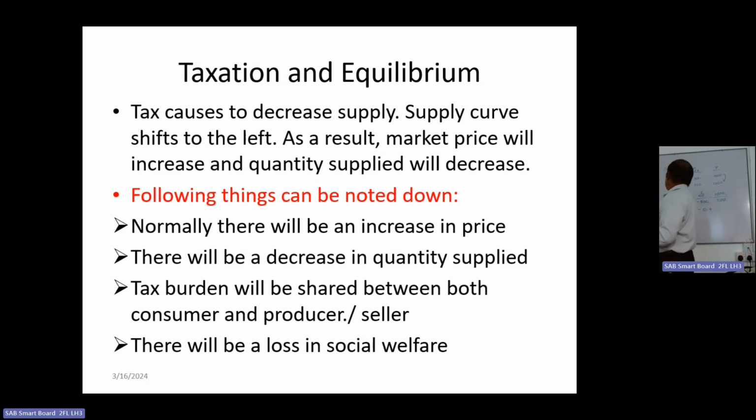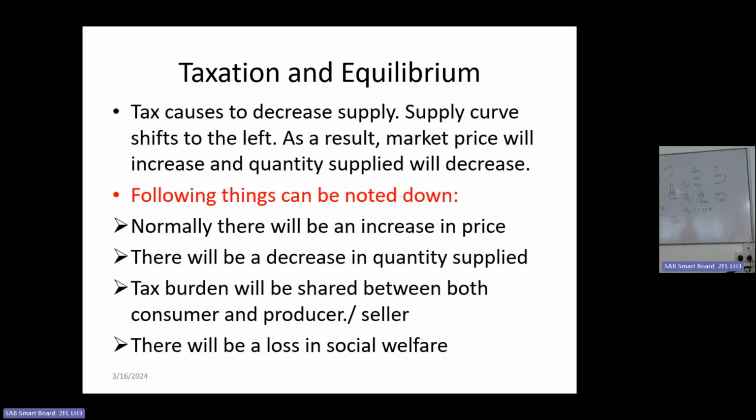So if there is unitary elasticity, how is it happening? Only the demand curve, not the supply curve, right? So in that case, you see the tax burden is shared equally between the consumer and the producer, right? So we have the different cases, right? Elastic and inelastic are the most important.